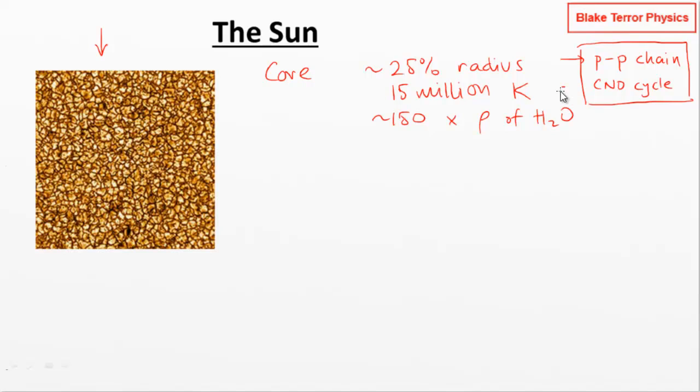And you've got an enormous amount of fusion going on. You're looking at around about 4 times 10 to the 38 protons per second being converted into alpha particles. Now, of course, when we're saying protons, this is the hydrogen that's being fused into helium. We've got a plasma, so it's ionized.